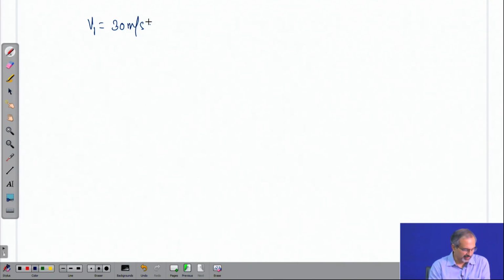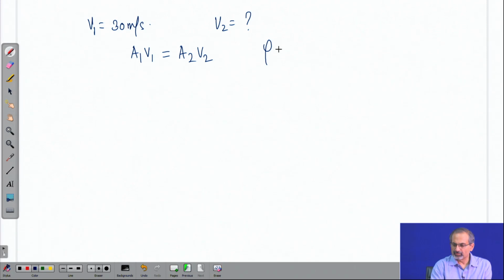So, V_1 is 30 meters per second. We do not know V_2, which is at the exit of the diffuser, but from the continuity equation, A_1 V_1 is equal to A_2 V_2. We are assuming density to remain constant at these speeds.